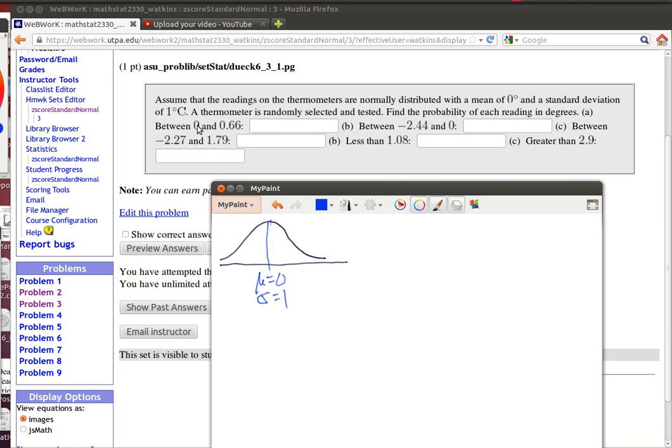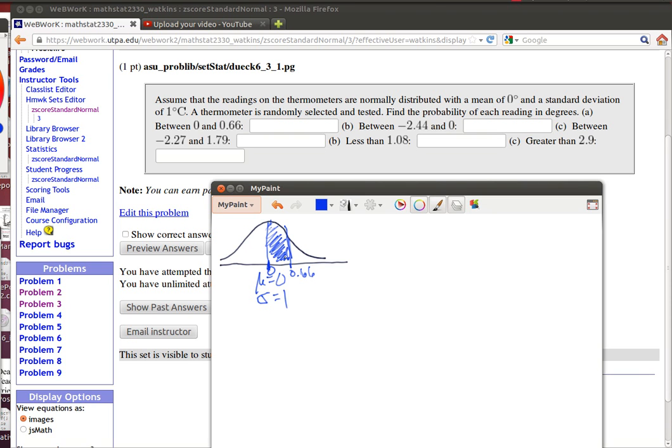So if we're looking from 0, that's right there at the mean, and we're going up to 0.66, so it's up here somewhere. Okay, so this is 0 and this is 0.66. Now notice what they're telling us here, the z values, and we want to find this particular area.